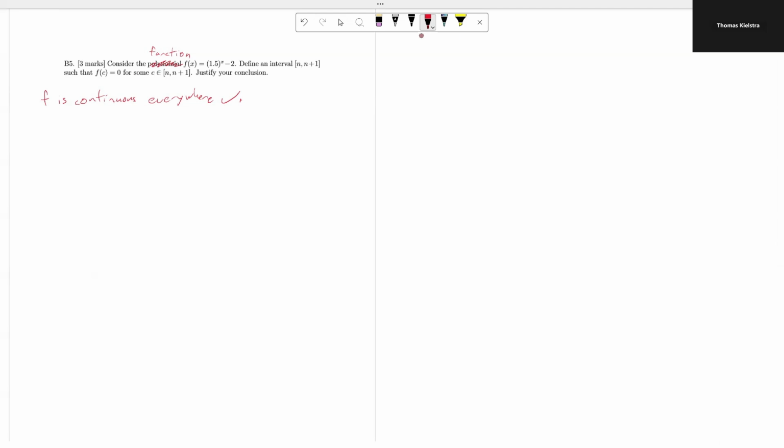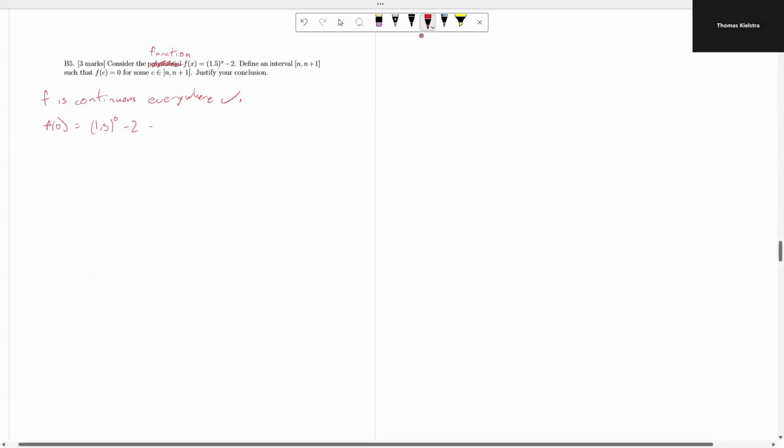So I'm just going to start going with f of 0 equals 1.5 to the 0 minus 2, which equals 1 minus 2, which equals minus 1. F of 1 equals 1.5 to the 1 minus 2 equals 1.5 minus 2 equals minus 0.5. They're both negative, so I haven't bound 0.